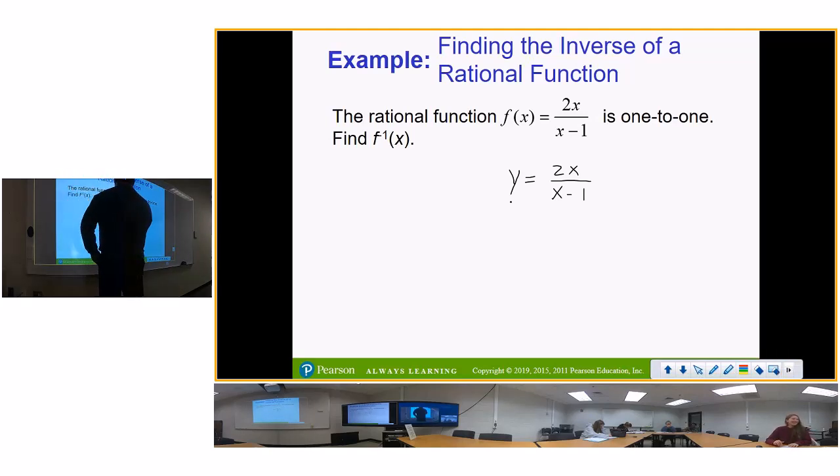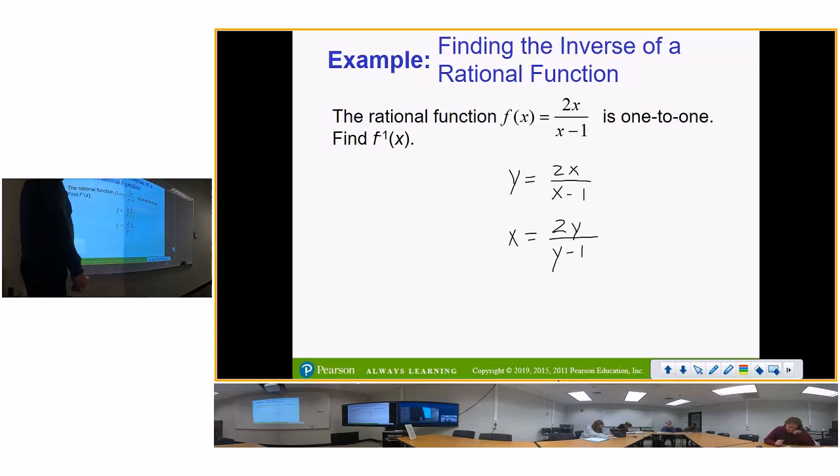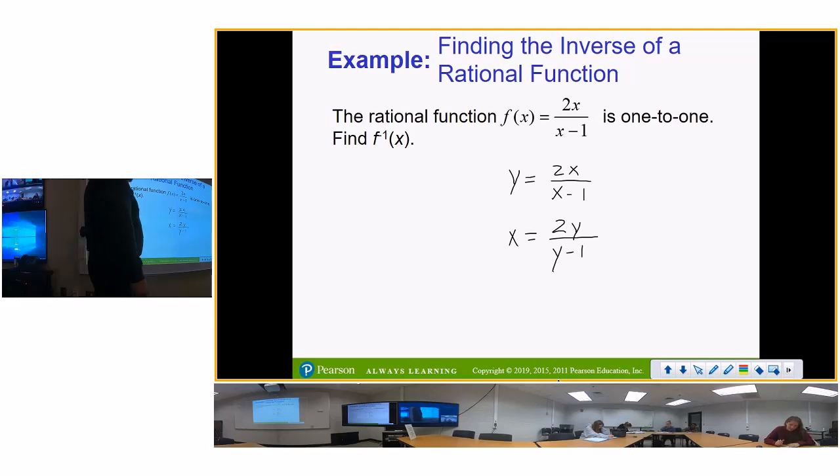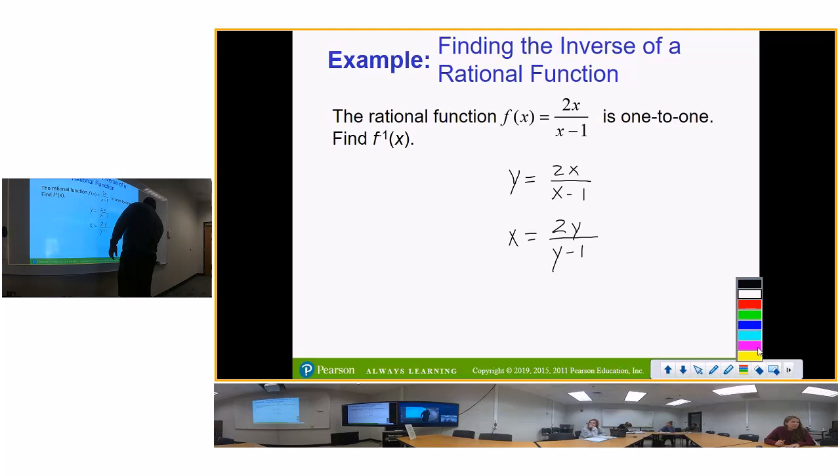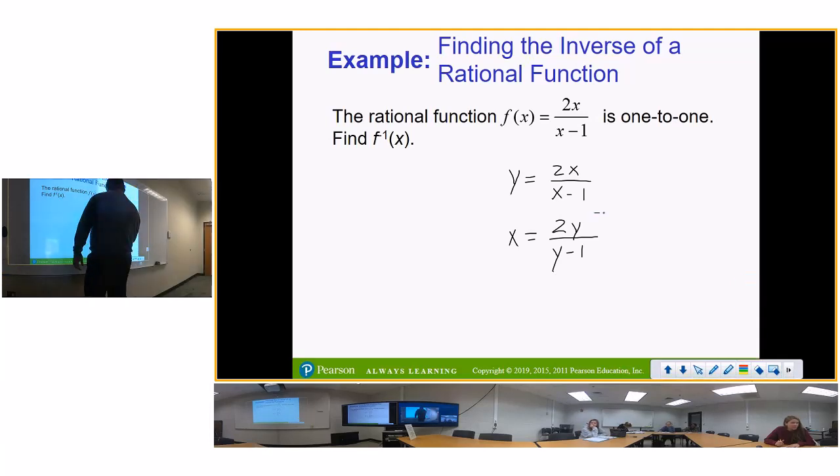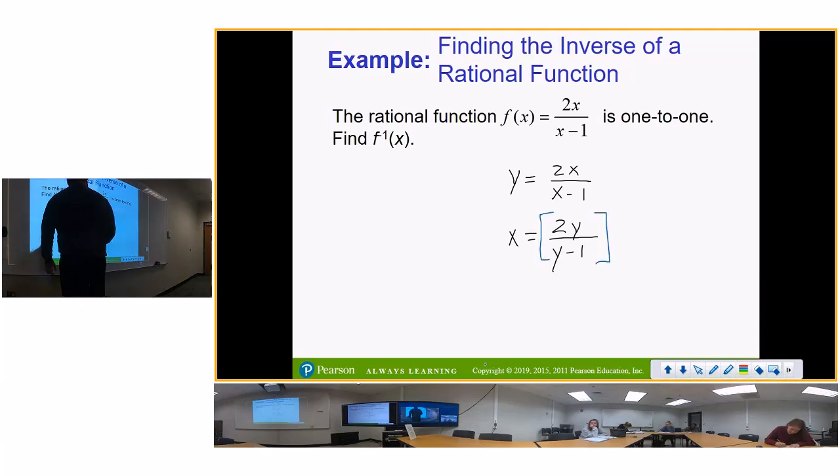All right, so here we go. Change x is equal to 2y over y minus 1. Now what? Multiply both sides. This is where you use 5.3. The denominator is what? Y minus 1, Hubert.